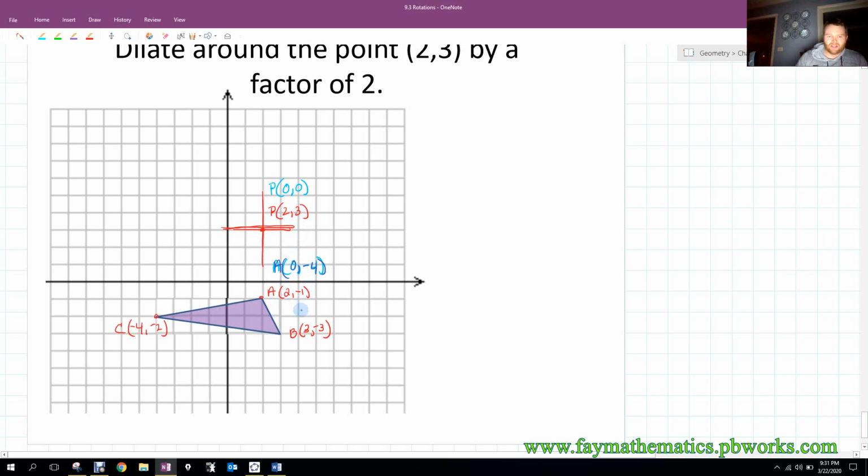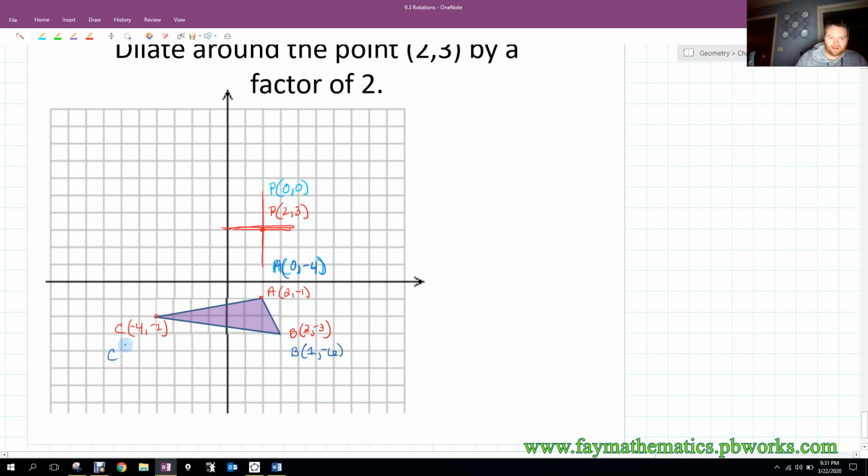Same thing, I could take this 3 minus that 2, and it would give me 1, and now take this negative 3 minus that 3, and it'll give me negative 6, and that will be the new B coordinate. I can count as well from here, go to the right one, and then down 1, 2, 3, 4, 5, 6, and you can see 1, negative 6.